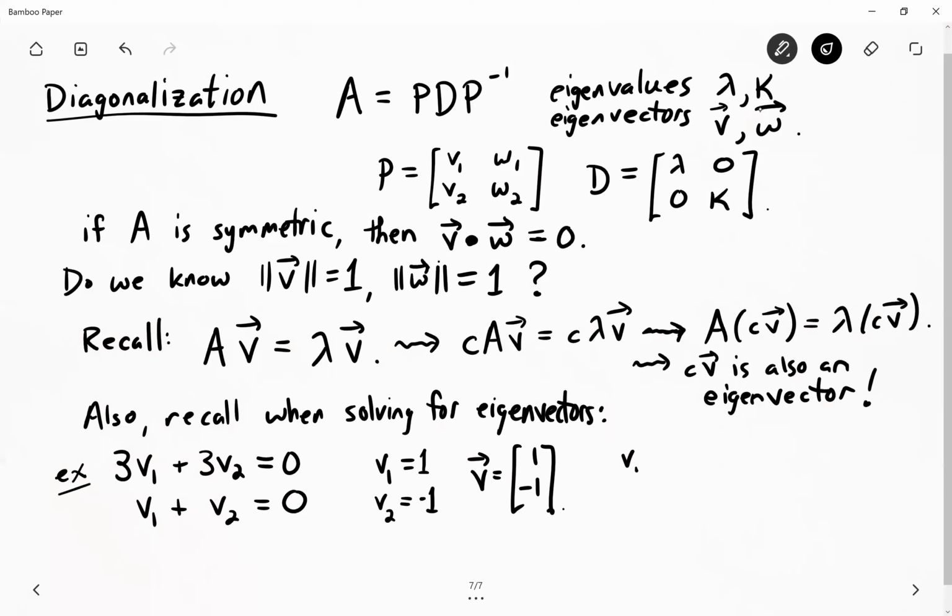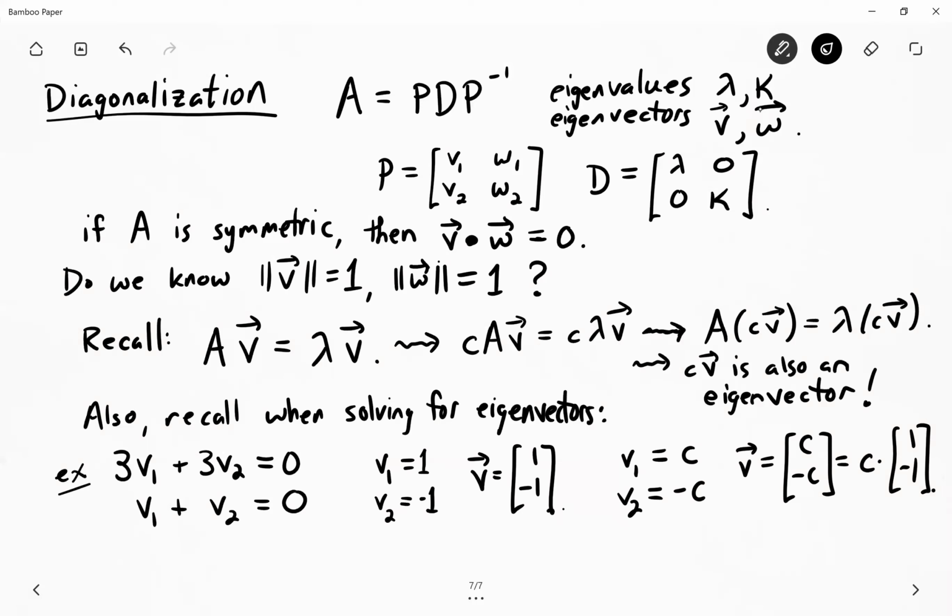If we picked V1 equal to the number C, and we solved for V2 in terms of V1, that would have to be equal to -C. That would give us the eigenvector C, -C, which is really just a multiple of our initial choice. And so any multiple of our eigenvector would also work.